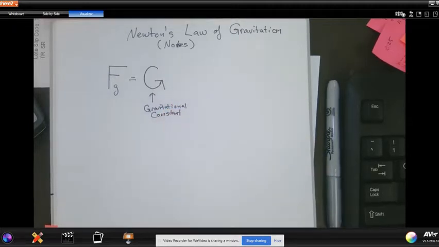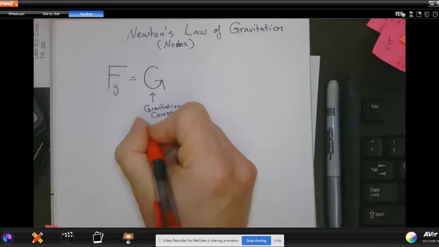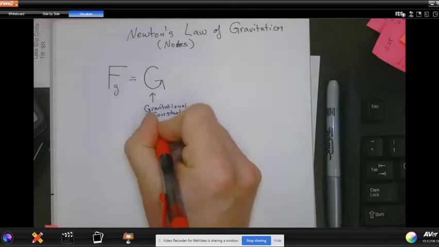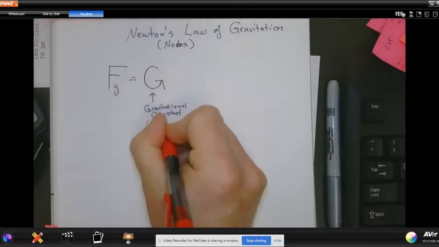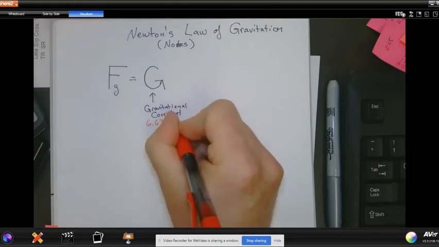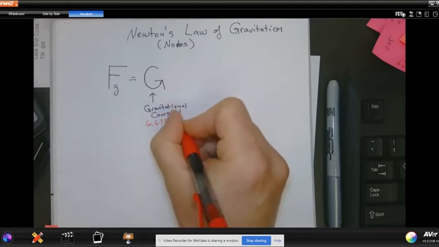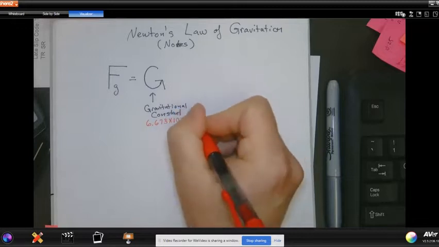Now that gravitational constant will always be the same number. And that number is, I'll write this in red so you guys can see this, 6.673 times 10 to the negative 11 power.